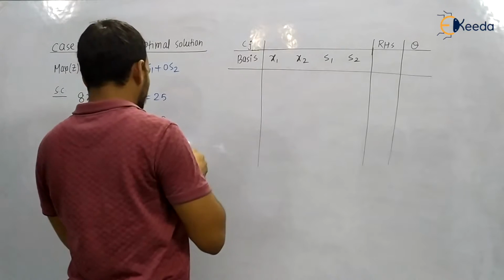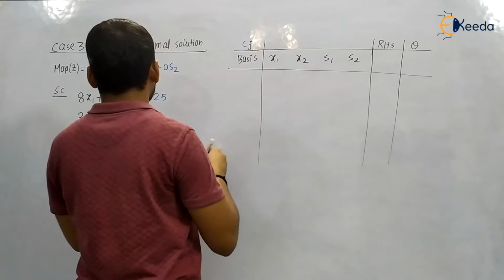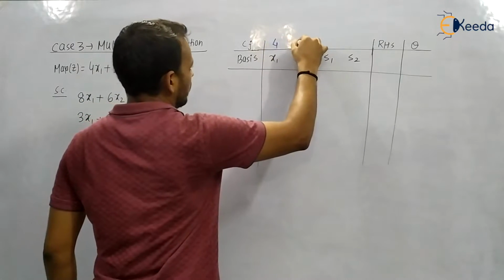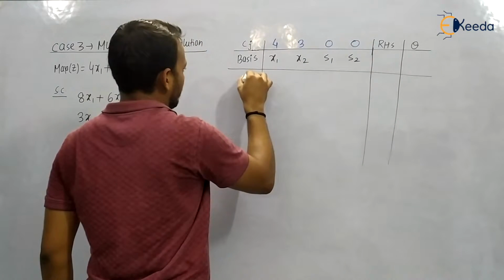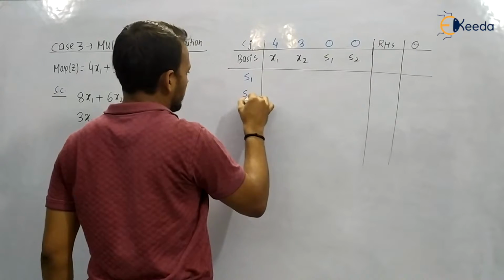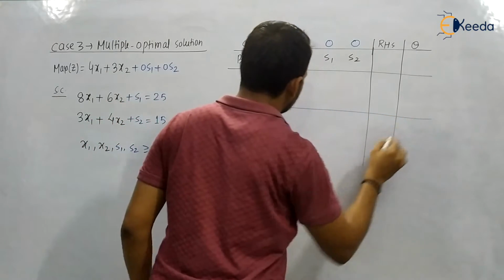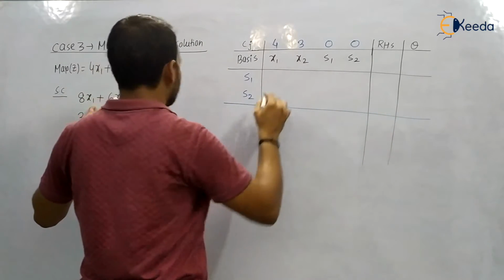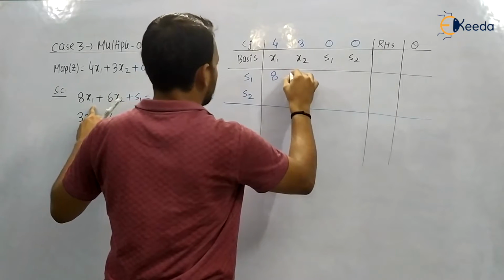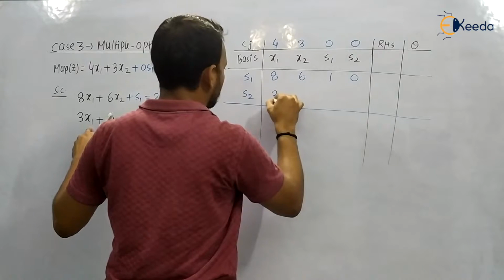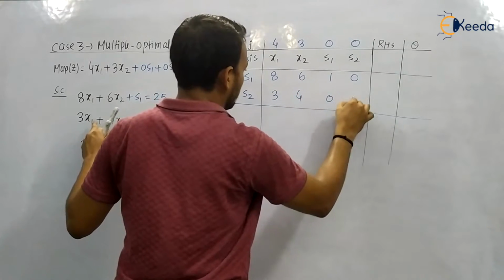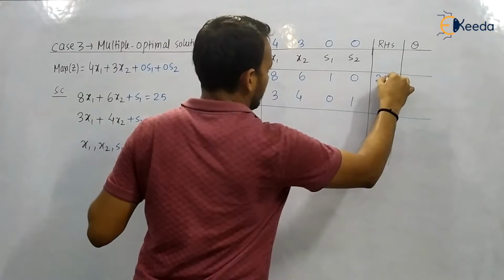Here you will add the coefficient of objective function 4 and 3, and here we will write the slack variables. The slack variables will become the basic variable. Why? Because they will make an identity matrix within the simplex table. It is 8 6 1 0 and it is 3 4 0 1. RHS is 25 and 15.